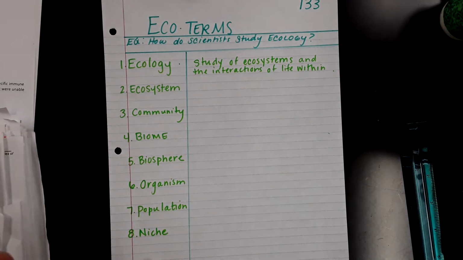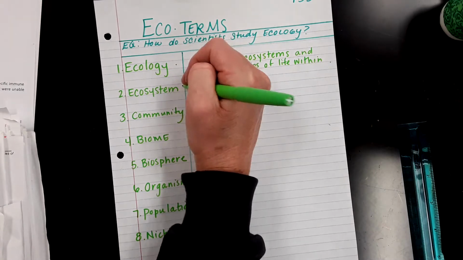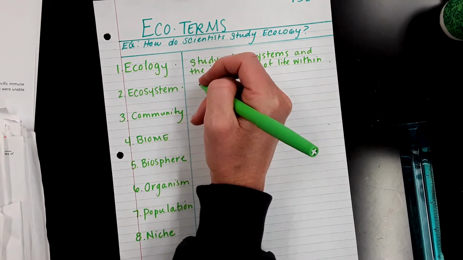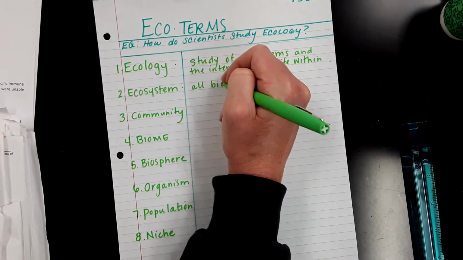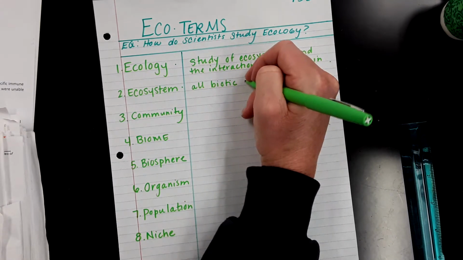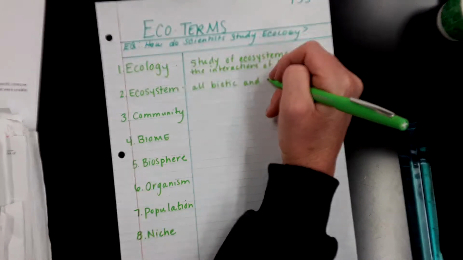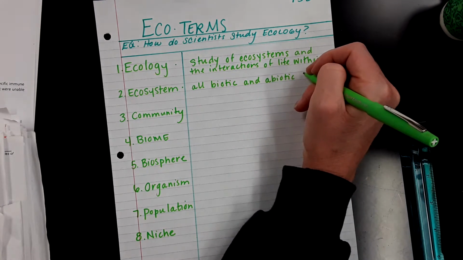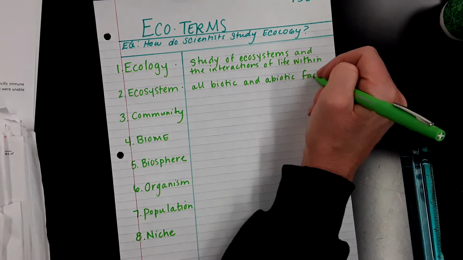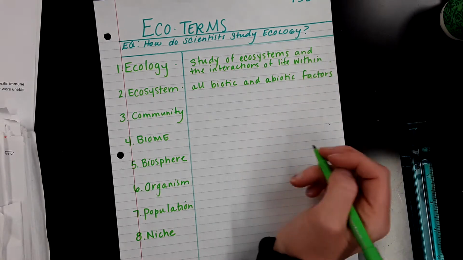An ecosystem includes all the biotic and abiotic components of a region or an area.